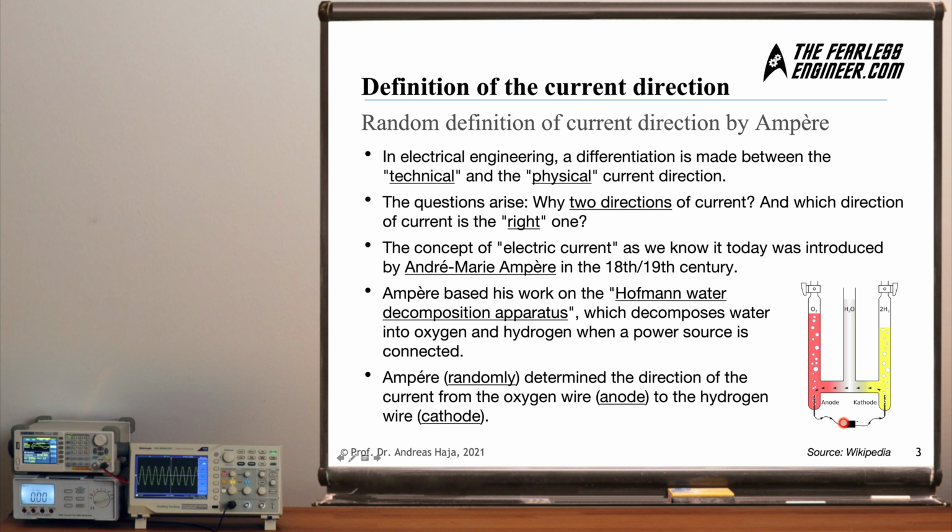The power source can be seen here. It has a positive and a negative terminal, and the H2O is here in the middle, and the electricity causes a separation into O2 on the left side and H2 on the right side.